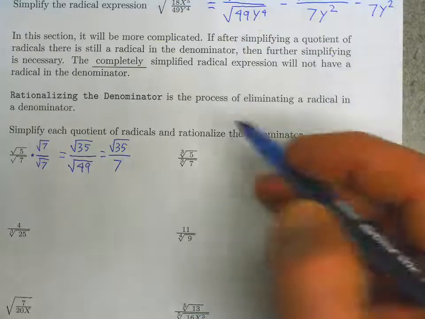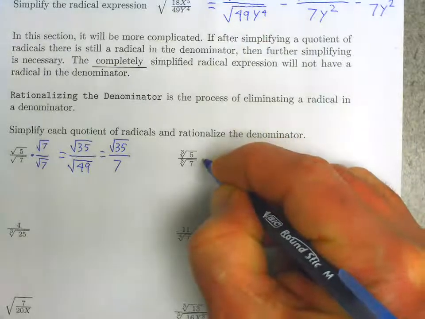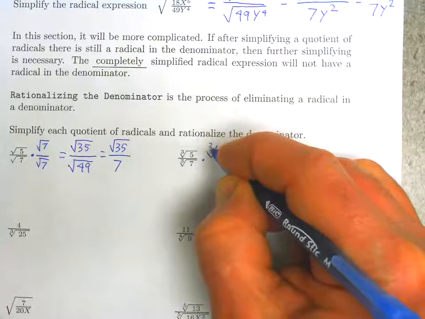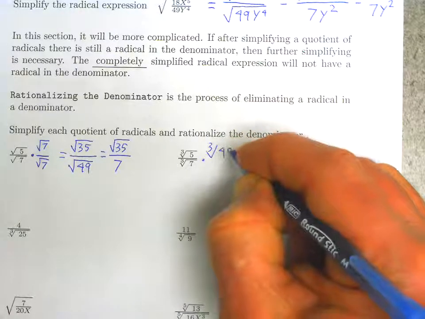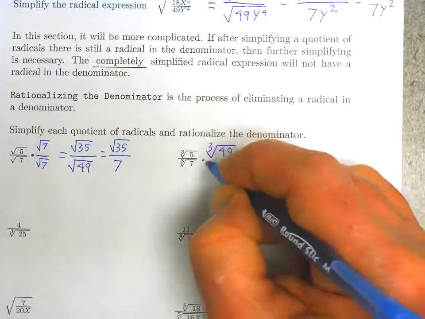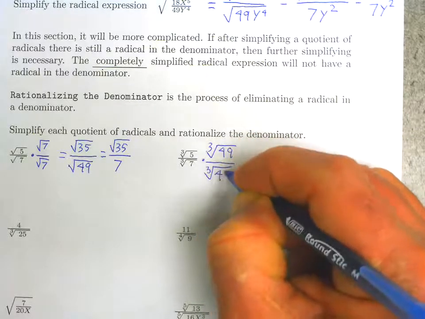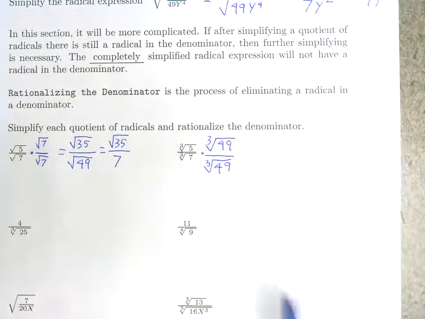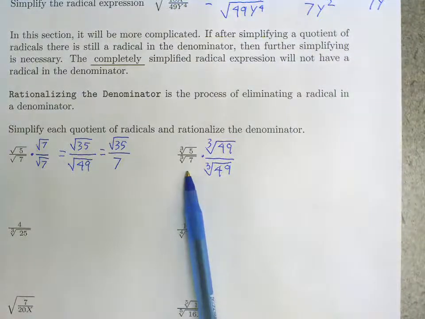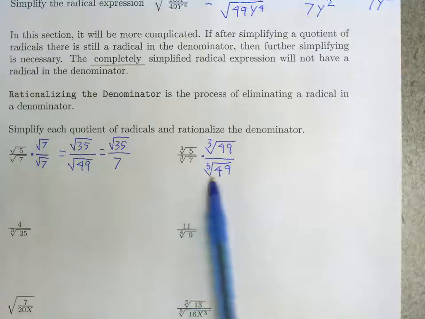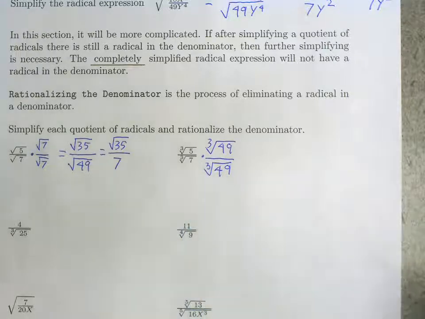So what we want to do is multiply by 1 in the form the cubed root of 49 divided by the cubed root of 49. And in a couple of steps, we can have a rational number in the denominator.